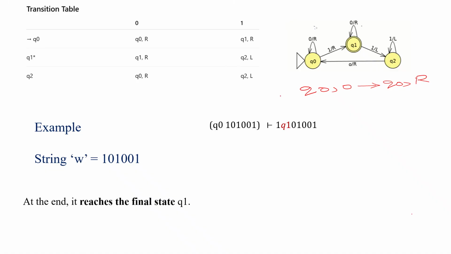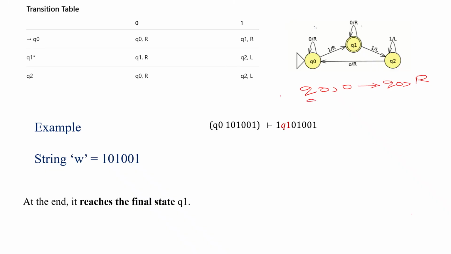The transition delta is Q comma input symbol gives next state comma direction. This is how we have to write it. So the direction is right here.